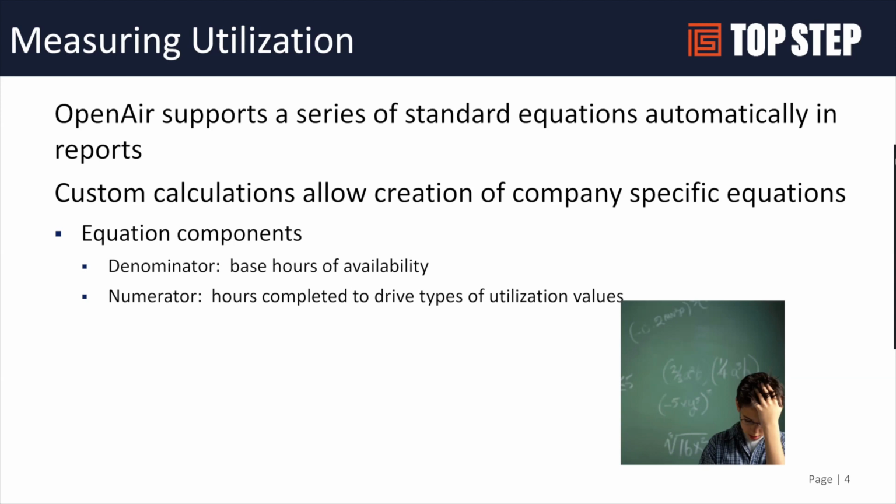And so the combination of those two values will generate a percentage calculation that you can then define and apply to your business and monitor and manage. And so we'll talk about some of the different ways OpenAir gives you the ability to set those two values and be able to create those reports.